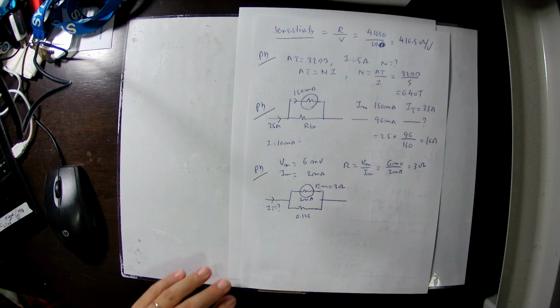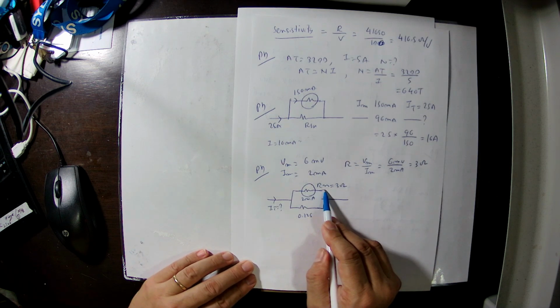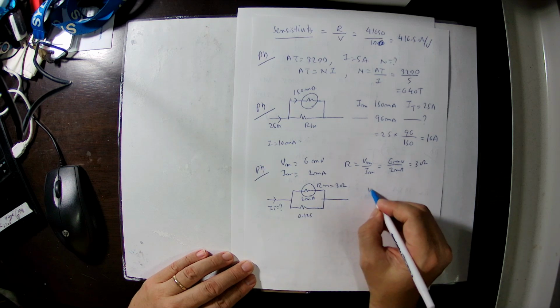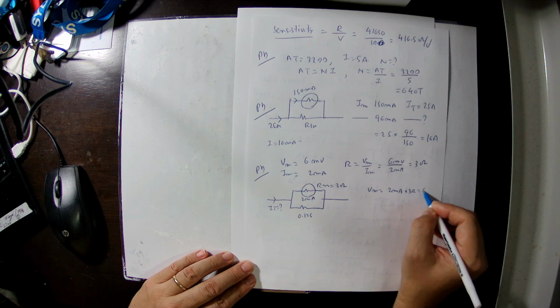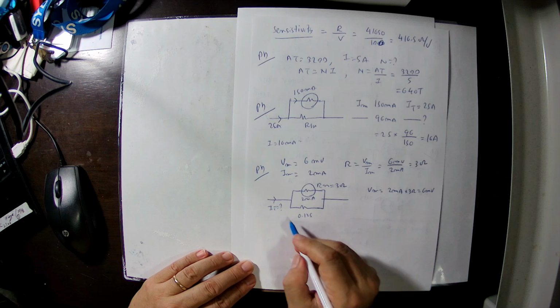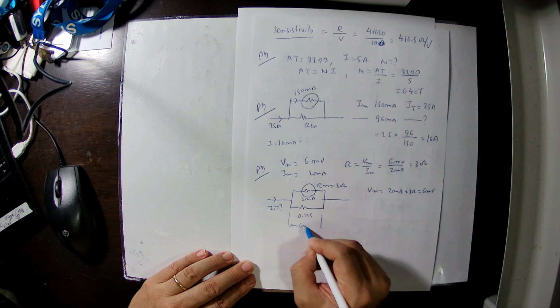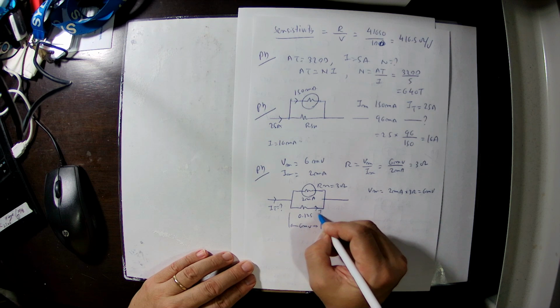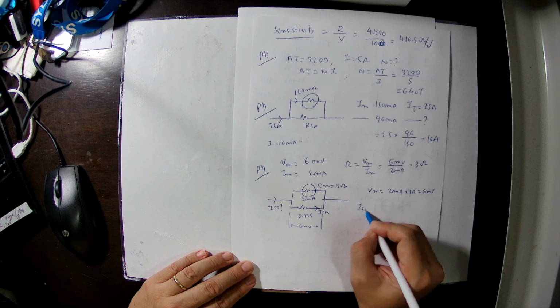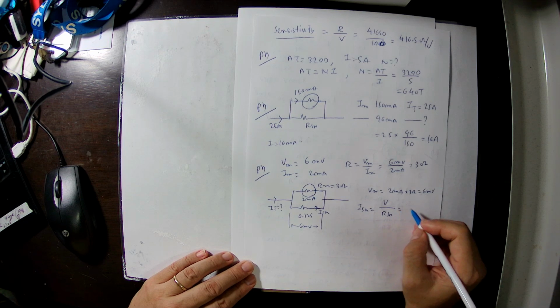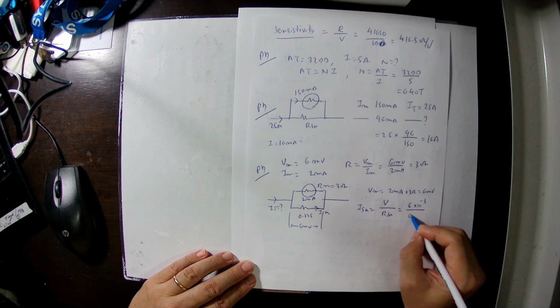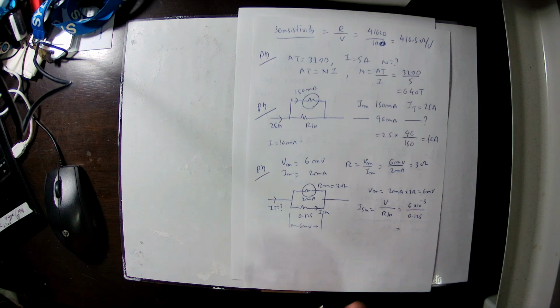Okay, so then we can find out the meter voltage. Vm is equal to 2 milliampere multiplied by 3 ohm, so you get 6 millivolt. This is the voltage across here. So ISH can also be calculated. ISH is equal to voltage divided by RSH. So the voltage is 6 millivolt, RSH is 0.125. Then we calculate the ISH. So 6 divided by 0.125.